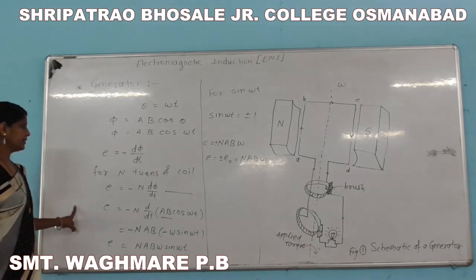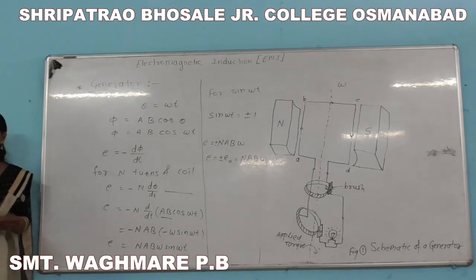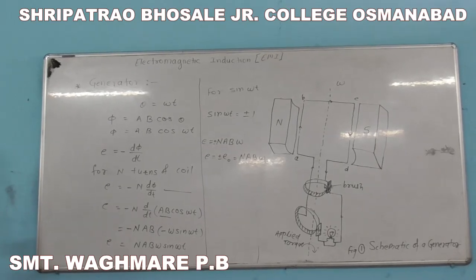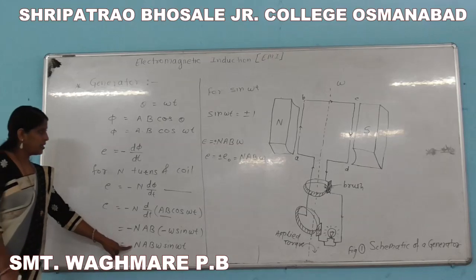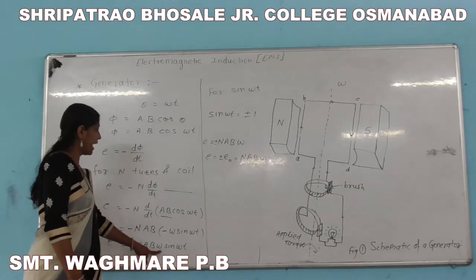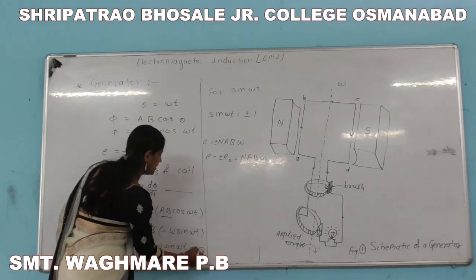We can put the value of E maximum, that is E naught is equal to NAB omega. Therefore, put this value in this equation. This is equation 3.